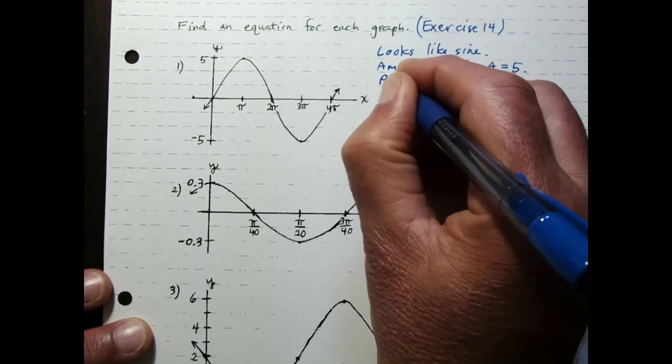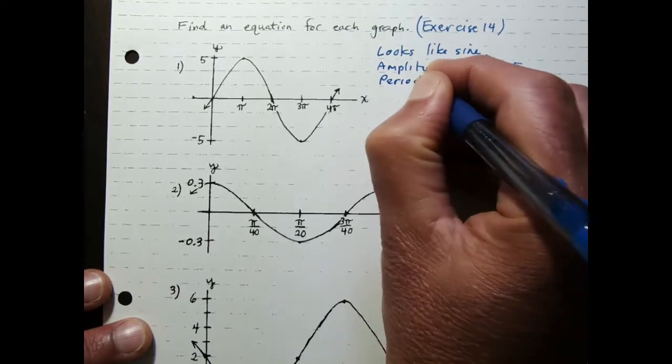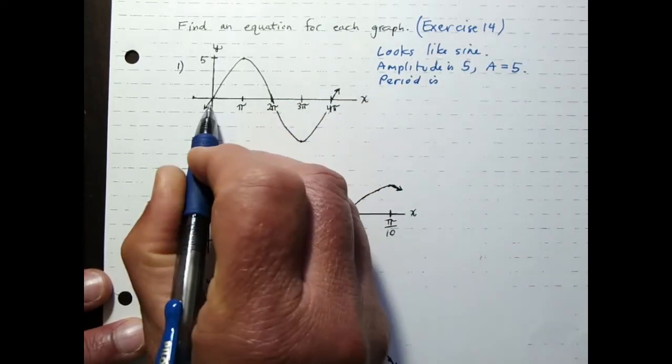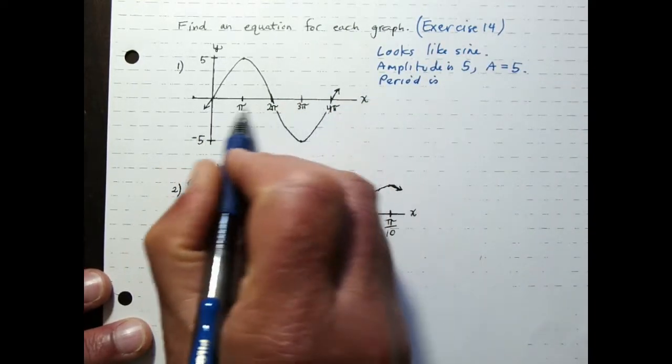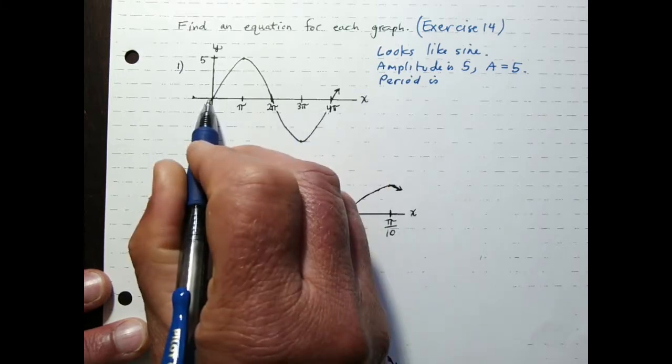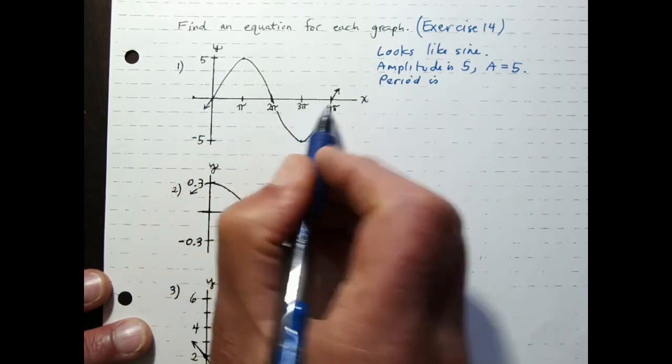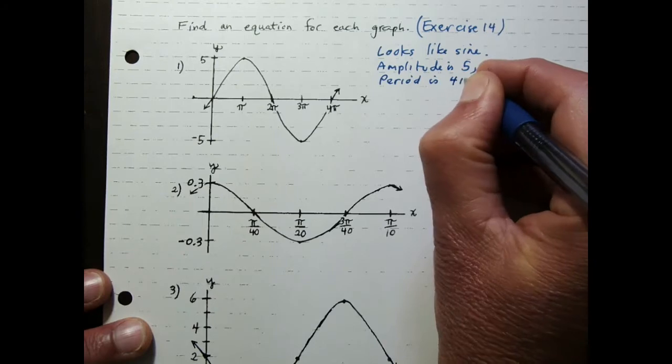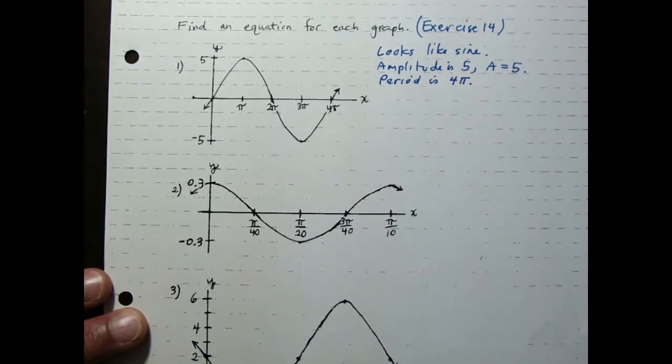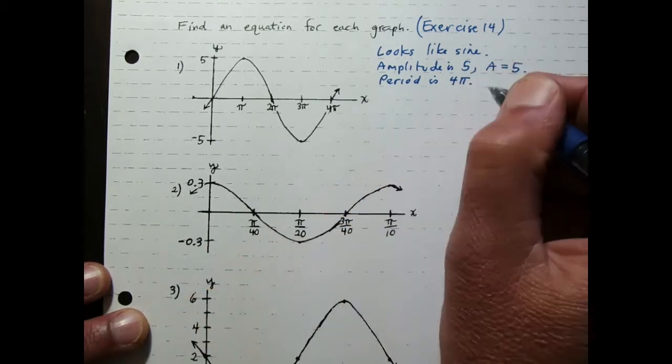We can also identify the period of this graph. The period, looking at the way the x-axis is marked, goes from one cycle from 0 to 4 pi. And what we can do is work backwards through our formula for period to come up with a value for b.